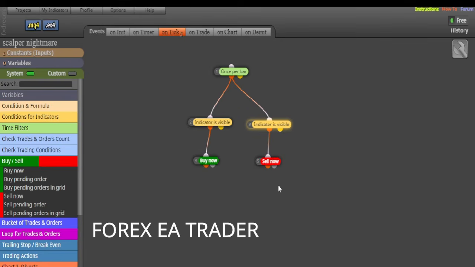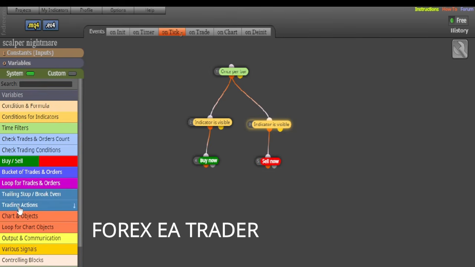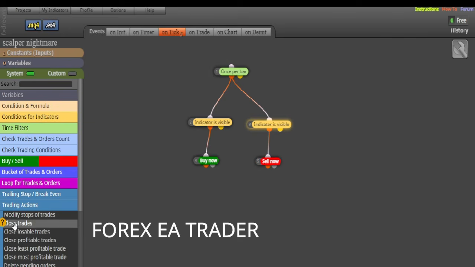Because the Heiken Ashi indicator sometimes can trend for a very long time, it's not really useful for scalping. But if you really want to use it for scalping, and you don't want to be there to close any trades, you can use these blocks. Where is my blocks? There, close trades.